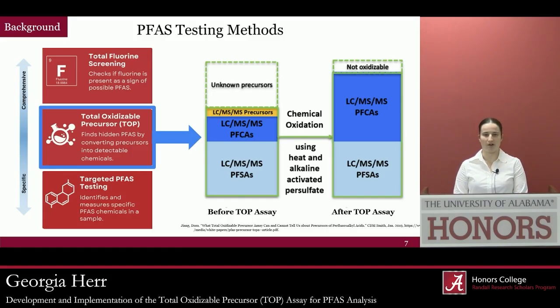However, when the sample undergoes the TOP assay, these chemicals are oxidized using a heat and alkaline activated persulfate chemical into terminal PFAS that can be detected by the LC-MS. You can see on the right of this image, after the assay is performed, most of those unknown precursors turn into PFCAs, which can then be detected.